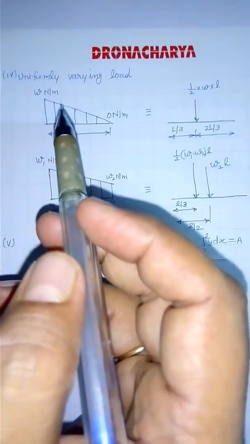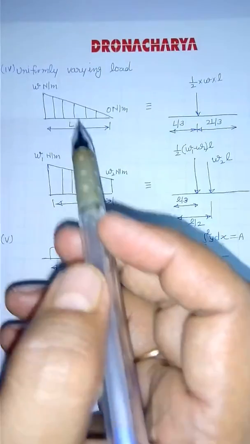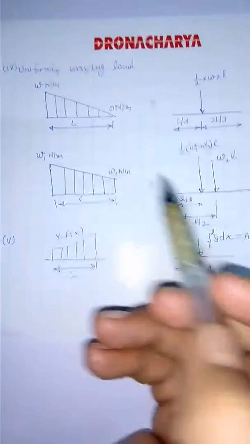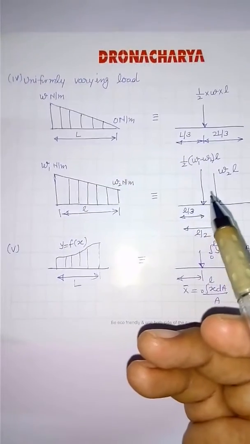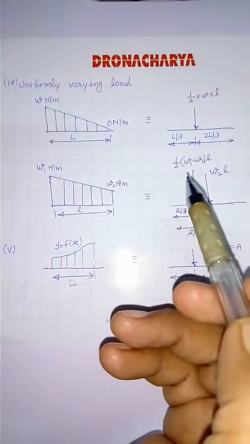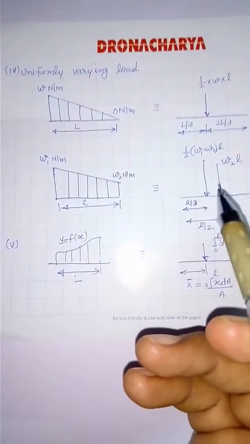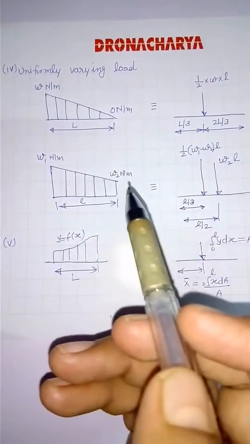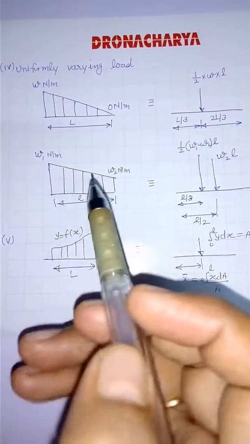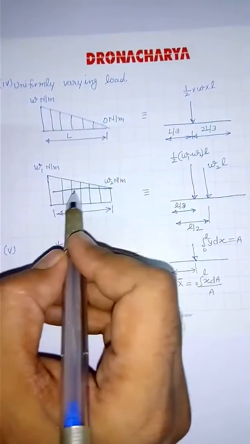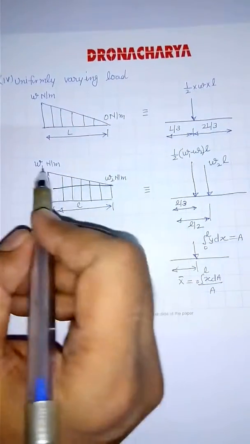If a combination of UDL and UVL produces this kind of trapezium load, we will take a combination of both. So we'll make one a triangular load and another one a UDL. Assume a line here. So this is a rectangular load plus a triangular load.